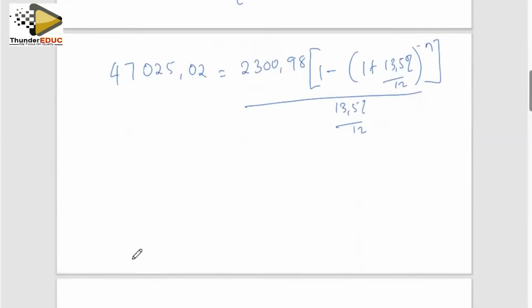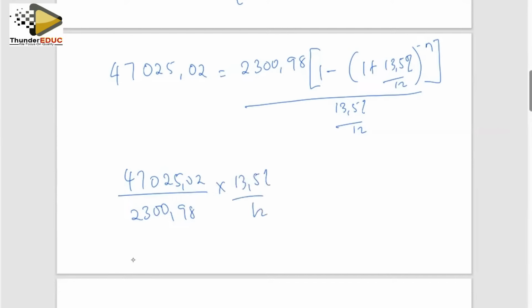Okay, so what I'm going to do, I'm going to multiply both sides by this and then divide, or divide and then multiply. So 47025,02 divided by 2.3,98 multiplied by 13.5% over 12 must give me 1 minus this entire thing.